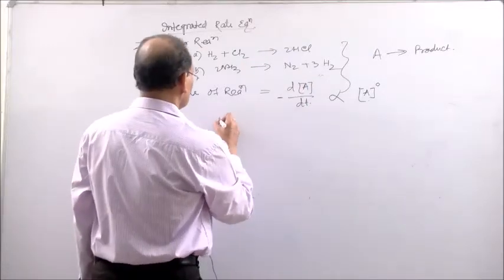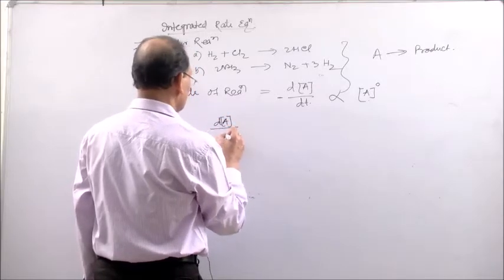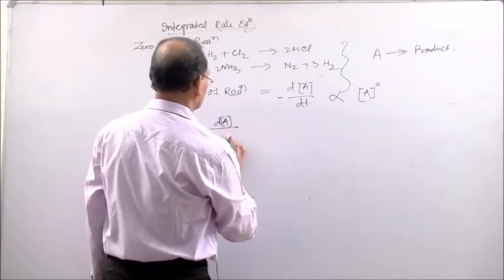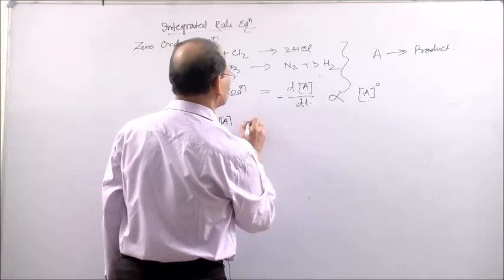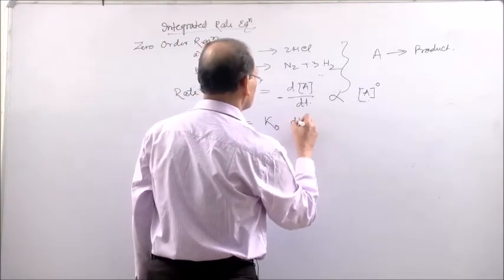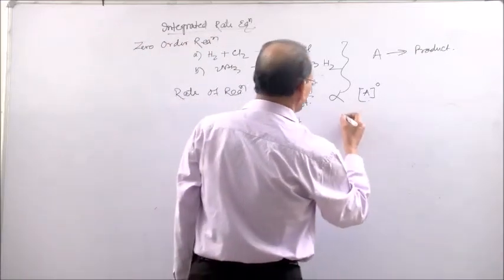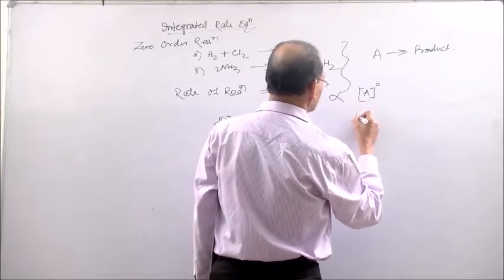Now taking the same terms to the same side, where K0 is the zero order rate constant.